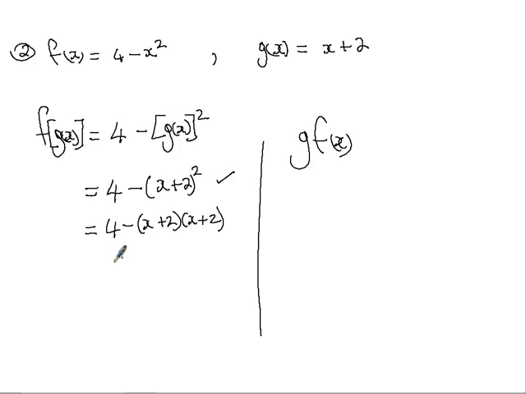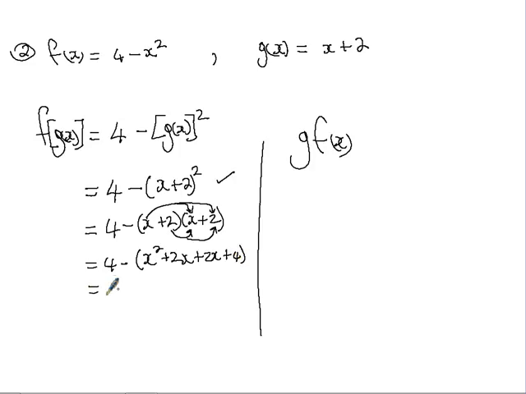So this is equal to 4 minus [x times x, that's x squared, and x times positive 2, that's plus 2x. And then 2 times x is plus 2x, and 2 times positive 2 is positive 4].